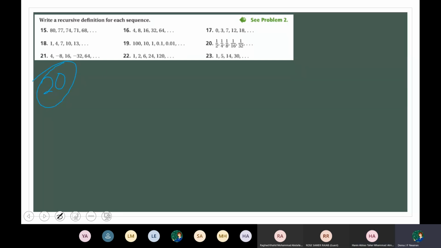And 20 here, we have 1 over 2, 1 over 4, 1 over 8, 1 over 16, 1 over 32. Let's try to find the ratio. 1 over 4 divided by 1 over 2 is 2 over 4, which is 1 over 2.